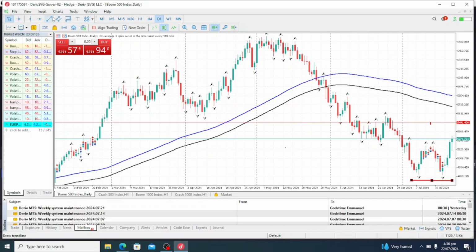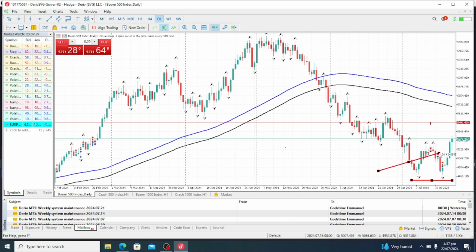You can see the M pattern. This first movement was done and it came back to retest the first movement, and here you can start taking your trade.